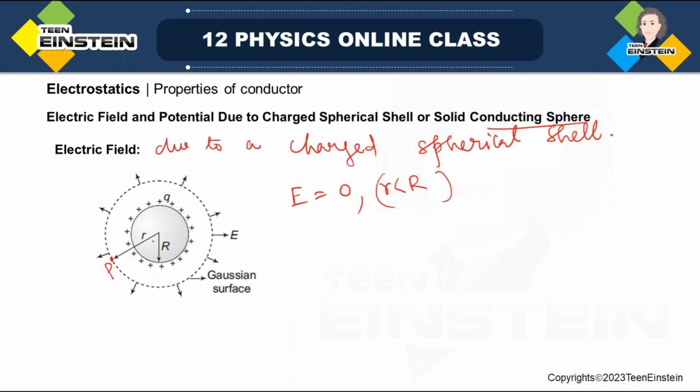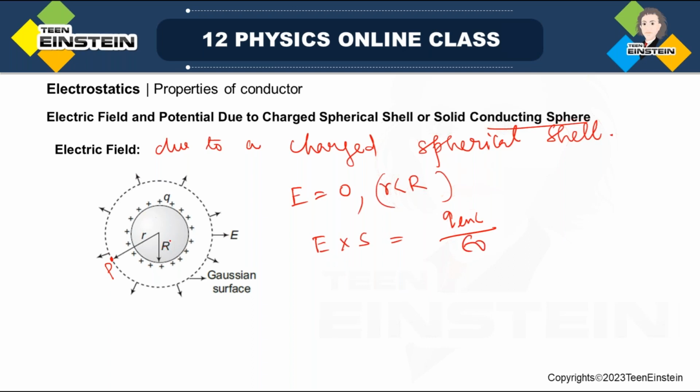This Gaussian surface has a smaller radius, and the original shell has radius capital R. By Gauss's law, E times area is equal to charge enclosed by epsilon 0.